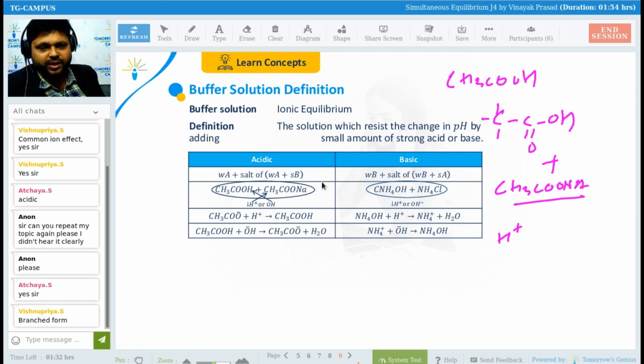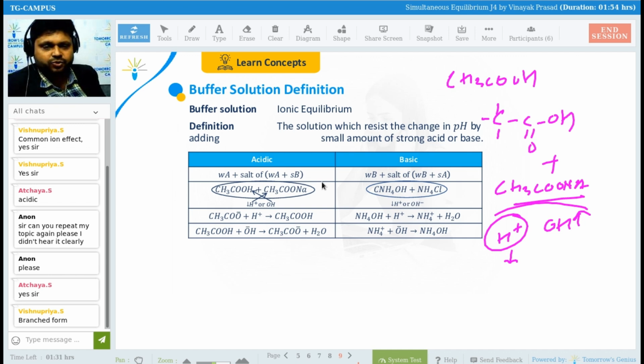But CH3COONa is a strong base, so it will give OH minus ion. So it will give a small effect here and a high effect there. So overall, the solution will become a buffer solution. Getting my point?